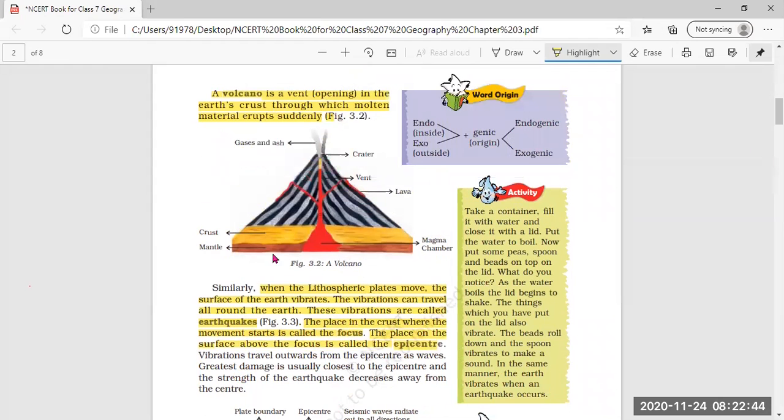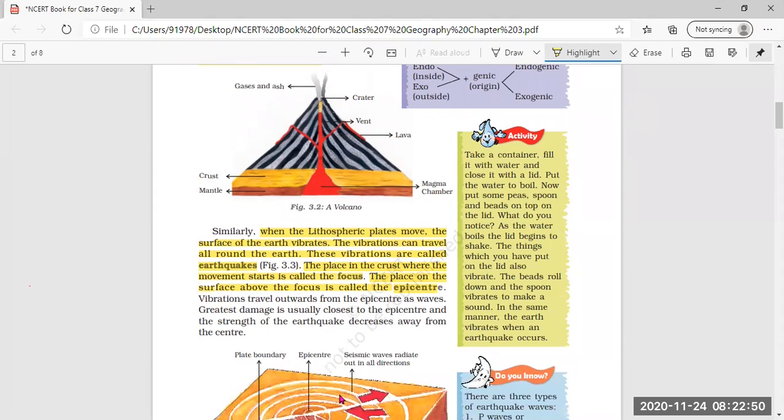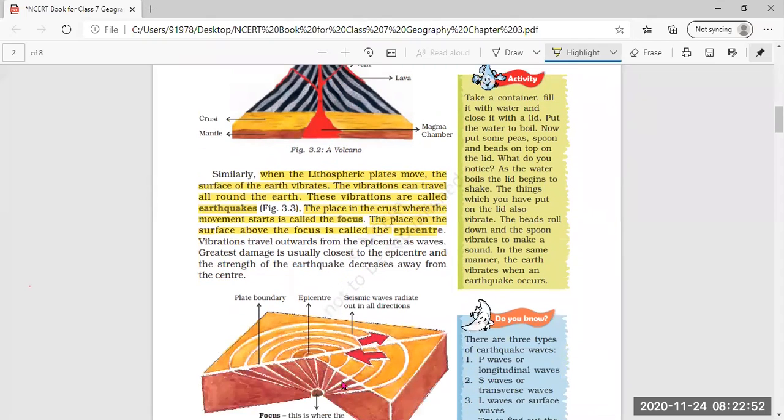Now we can see that when the lithospheric plates are moving, the vibration starts from here, and it is termed as the focus, deep inside the earth.